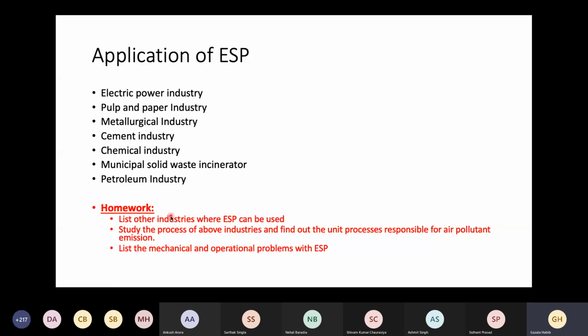So some questions would be related to your course but may not be directly related to what we are learning in the class. Okay, so it's an application of your learning in the class. So at least go through the number of industries listed here and find out if there are case studies available on the internet.